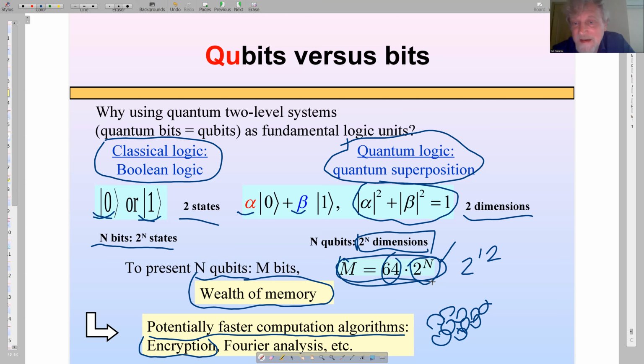We don't have that many classical bits for that, but we can simulate this molecule with the same or comparable number of qubits. All right, that was the story about why quantum information processing is of any interest. If you have any questions, please don't forget to use chat, or you could just speak up.